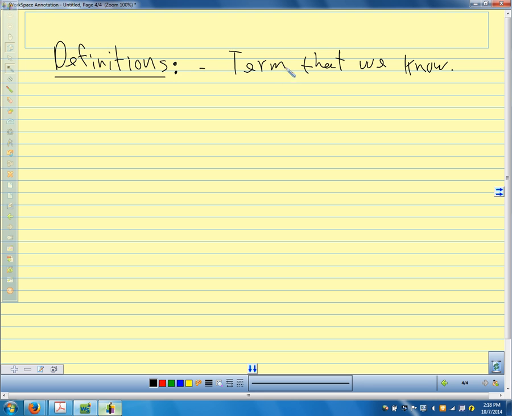We need them to be precise. We didn't say each flopper has a little thingy hanging from either side. We said it had dots, we said it had points. And the third thing we need for a definition is it needs to be reversible. And reversible means that we can write it as a true biconditional.